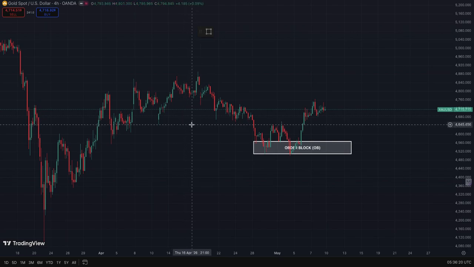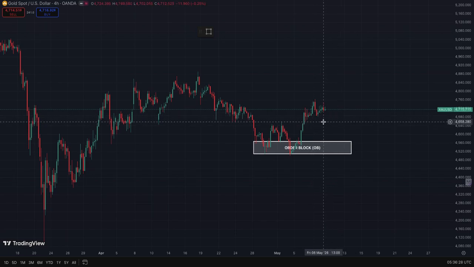It's a very key area. So as long as price remains above this level, I'm bullish on gold. However, if bears break this structure, then I'll be bearish on gold.